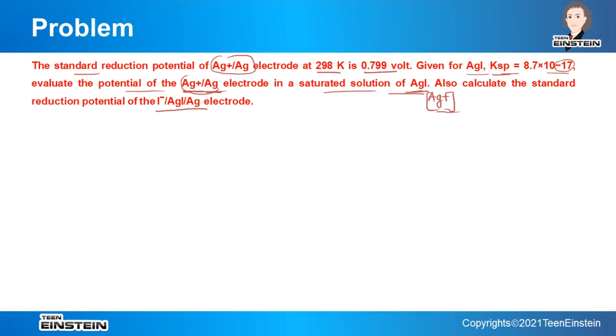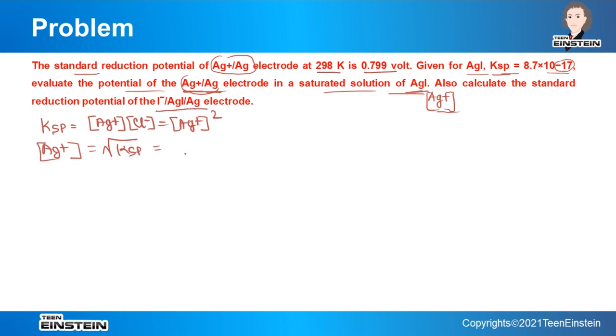In the first part, before going to it, we will find the Ag+ concentration. So Ksp is equal to [Ag+][I-]. Now Ag+ and I- are in a 1:1 ratio, so you can write it as [Ag+] squared. Okay, so Ag+ will be the root of Ksp.